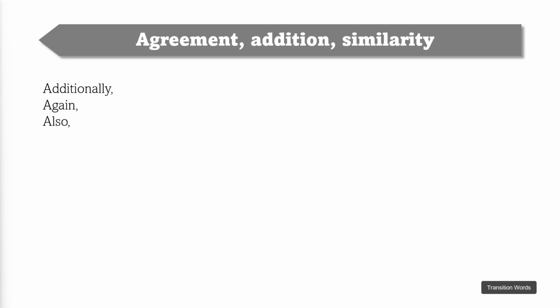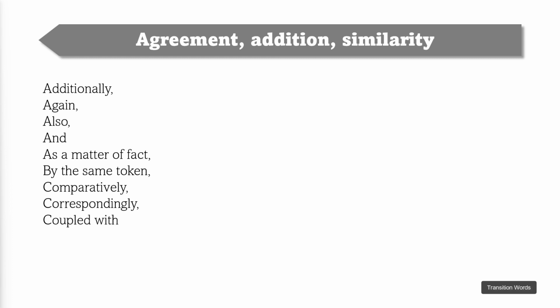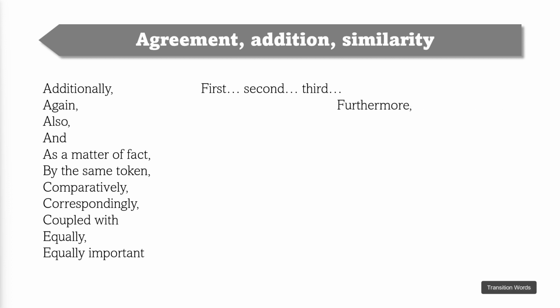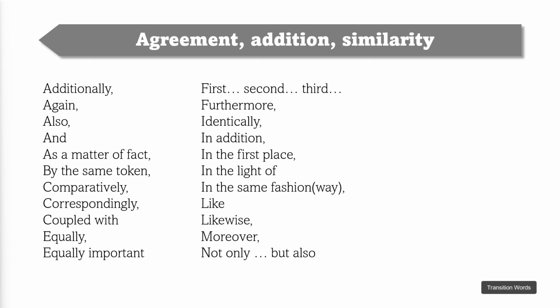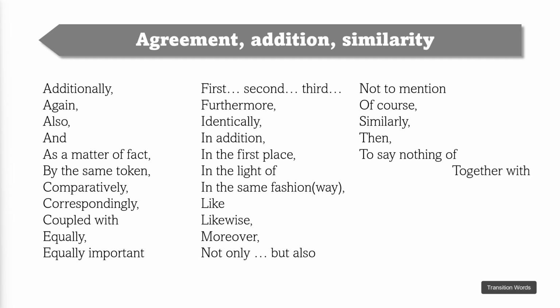Additionally, again, also, and, as a matter of fact, by the same token, comparatively, correspondingly, coupled with, equally important, first, second, third, furthermore, identically, in addition, in the first place, in the light of, in the same fashion or way, like, likewise, moreover, not only, but also, not to mention, of course, similarly, then, to say nothing of, together with, uniquely.